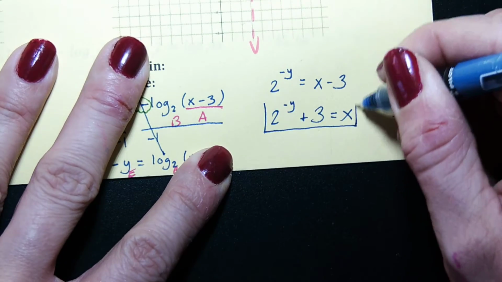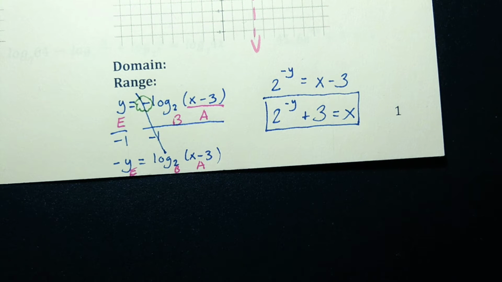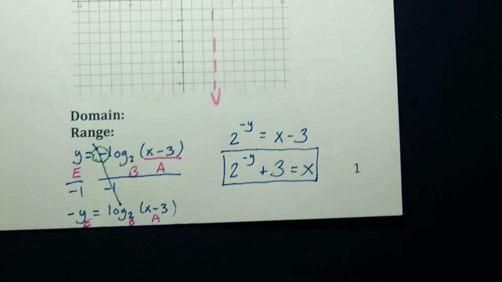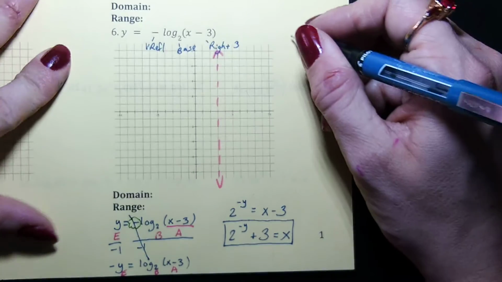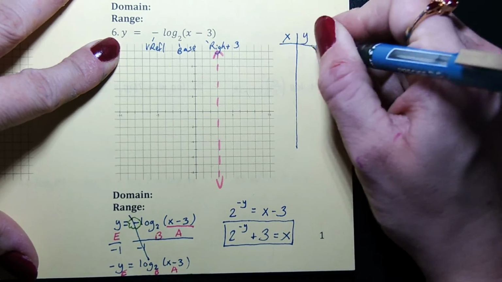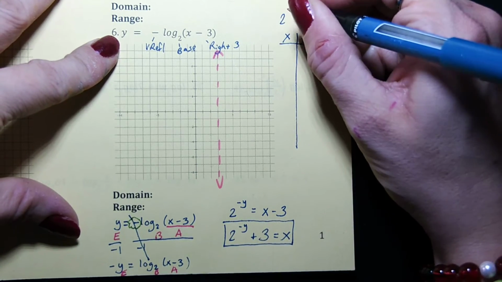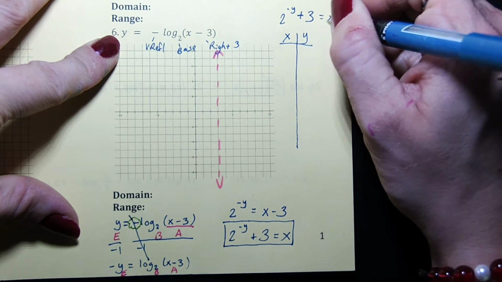So folks, I'm going to be looking for the exponential work it requires to write the logarithmic function in exponential form. So I'm going to go ahead, we'll see if I can keep this in view here. What we're going to do is we're going to make our table, and I'm going to write that equation above it. So 2 to the negative y plus 3 equals x.